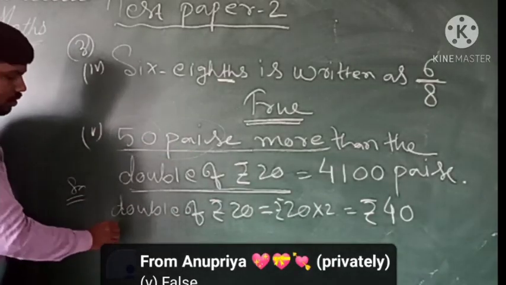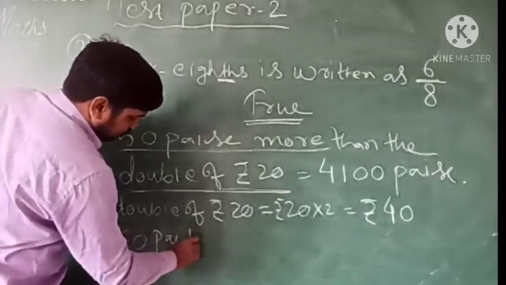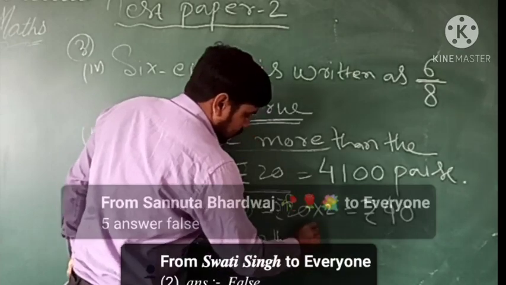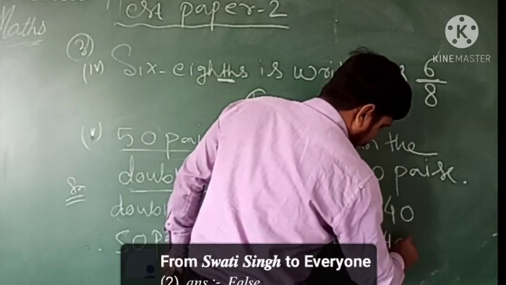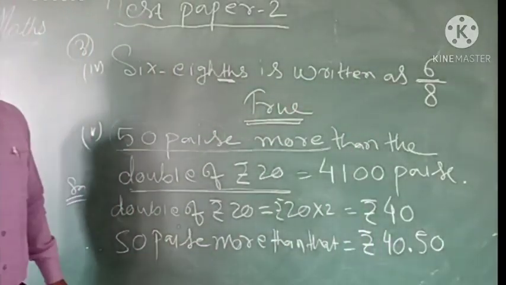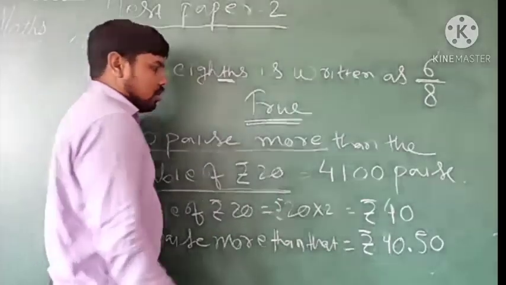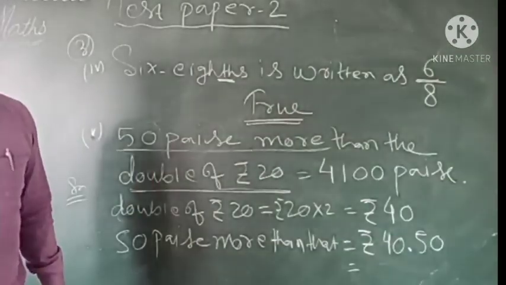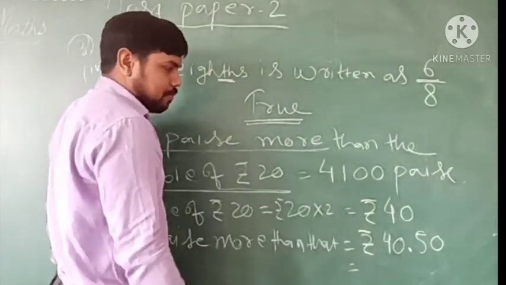So therefore 50 paise more than that is equal to rupees 40 decimal 50, means 40 rupees 50 paise. If you want to convert into paise, the decimal will be removed, because there are two digits after the decimal.